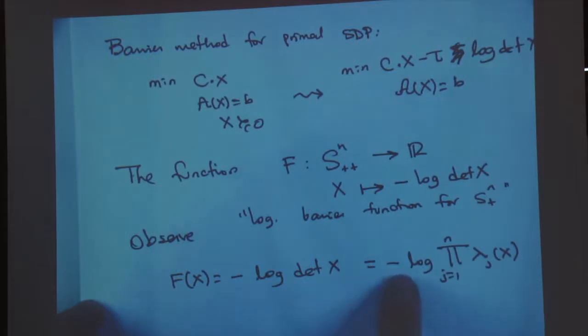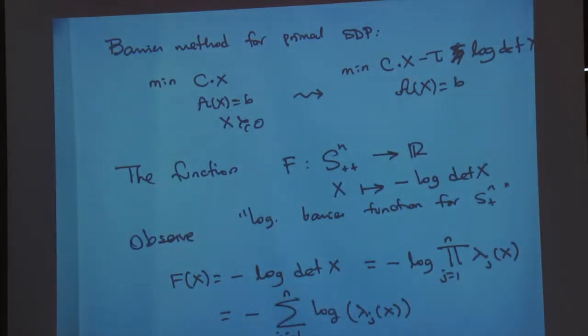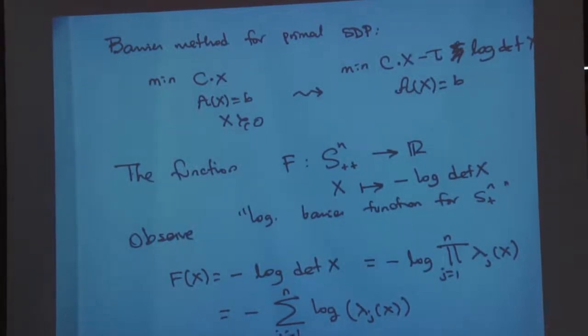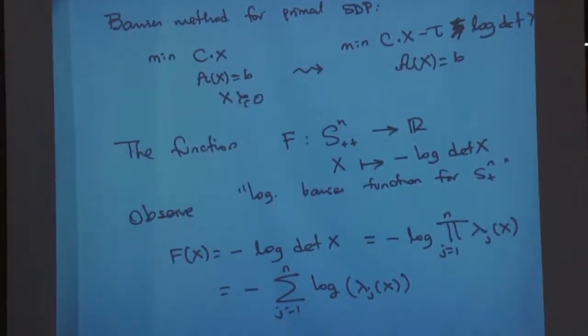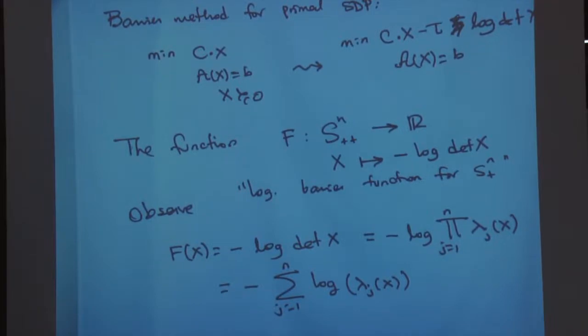Okay? And if you think about the properties of the log, this is negative sum of the log of the eigenvalues of x. So there is this kind of really cool connection with the logarithmic barrier function in linear programming.